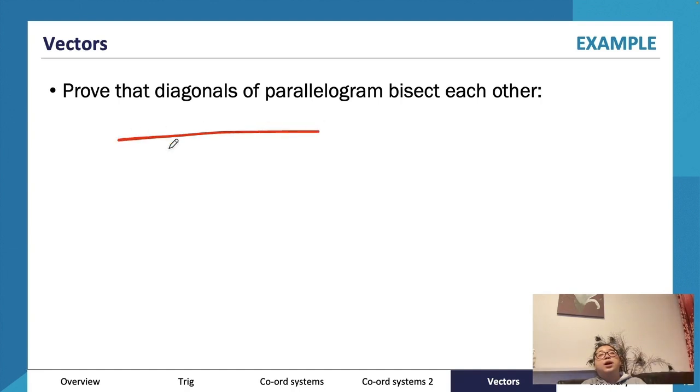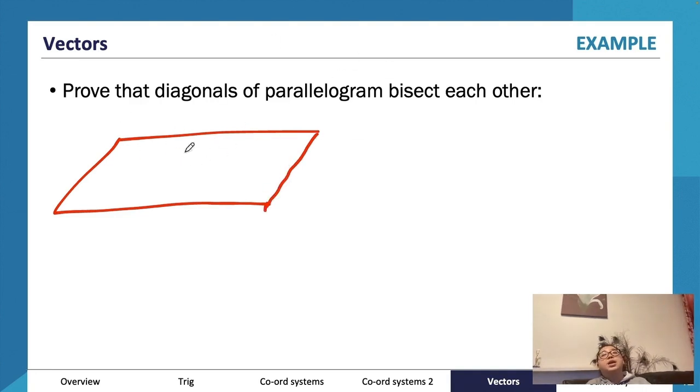So we'll draw out our diagonals. They want us to show that the diagonals of a parallelogram bisect each other. What we know about a parallelogram, in the simplest manner, is that the opposite sides are parallel.